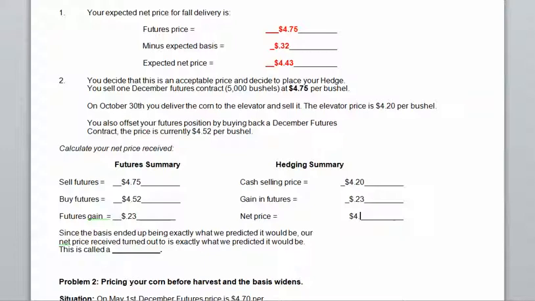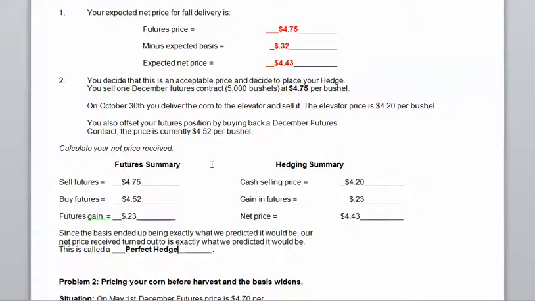Therefore, we made $4.43 as our overall realized price for our grain, which was exactly what we predicted it would be. This is called a perfect hedge because what we expected to be our hedge price or our realized price is in fact what we did receive.